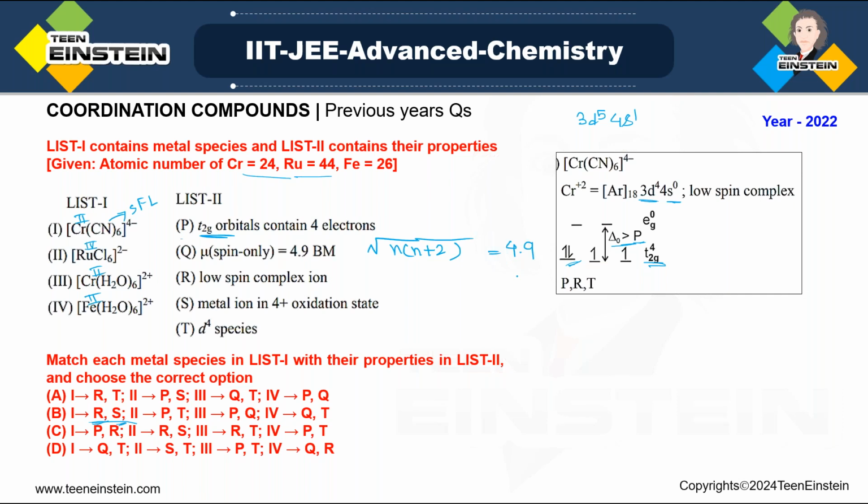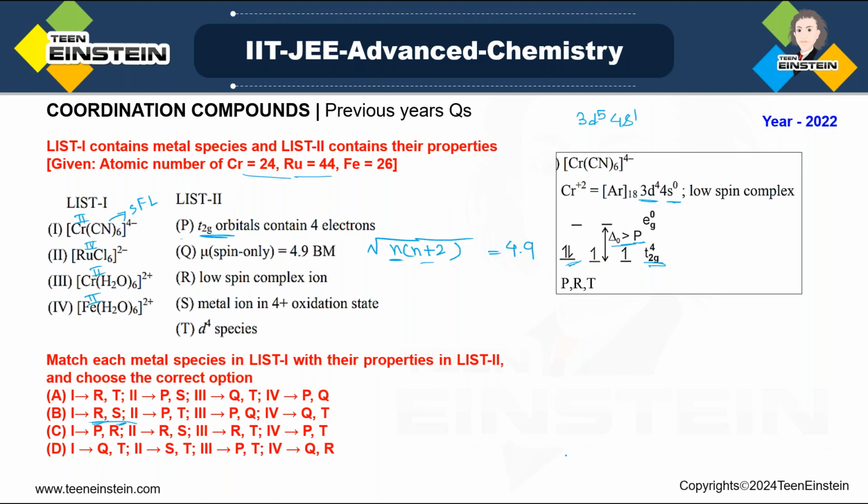If you consider root over 25, it is 5. That means within the root, it is something lesser than 25. That means it is possible if you consider it as 24. So 24 is possible when the n value is 4, that means 4 unpaired electrons. But here we do not have 4 unpaired electrons, so that is why it is not matching with Q.